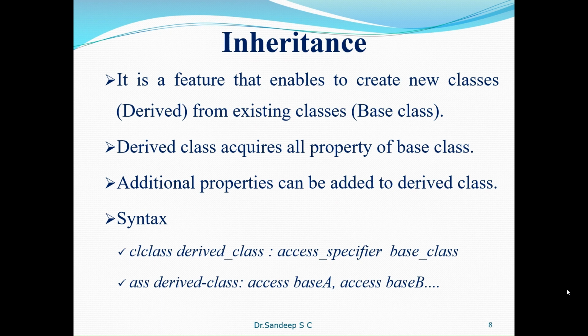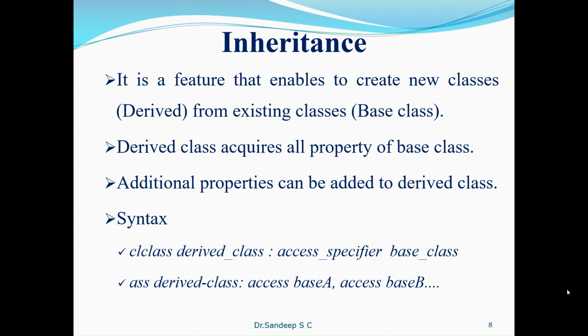Say, for example, I want to have a car. So I will define a base class of the car. The basic requirements of the car are given in the base class. Engine is required, chassis is required, body is required. So all those functionalities will be put in the base class. Then I will create one derived class from that, wherein I will add certain features. Anyway, I need these basic functions.